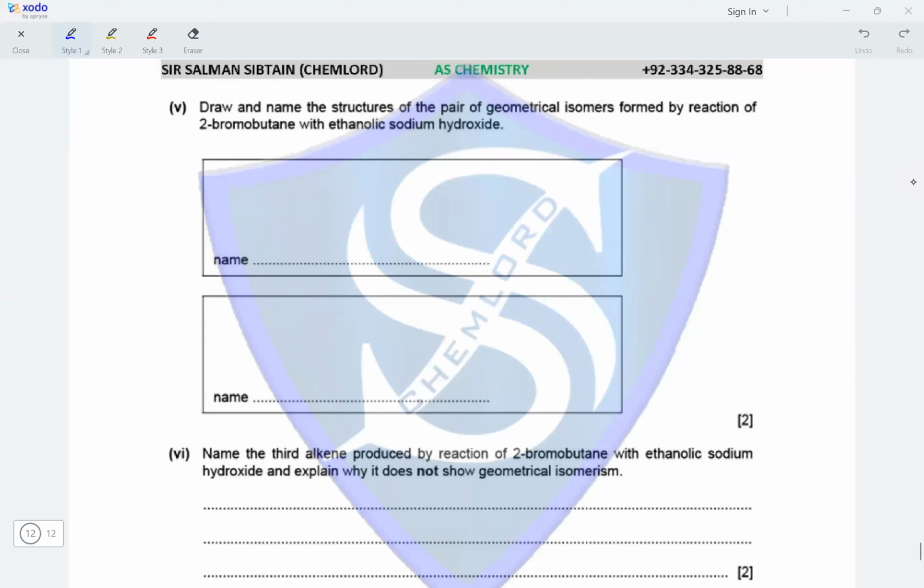Draw and name the structures of the pair of geometrical isomers formed by reaction of 2-bromobutane with ethanolic sodium hydroxide. Since the bromo atom is on the second carbon atom, it would mean that the double bond would be present between the second and the third carbon atom, which would mean that both of them will have a CH3 group attached to them and a hydrogen atom attached to them as well.